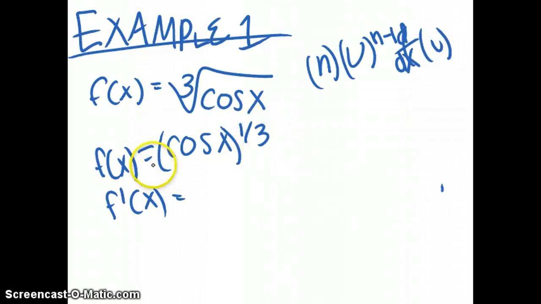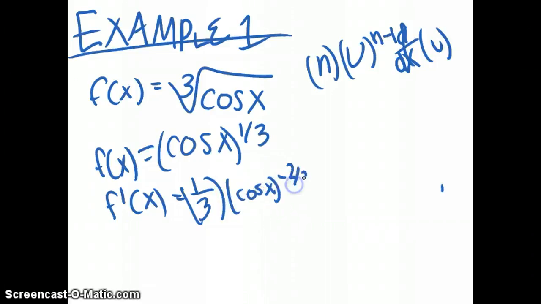So there you get the outside, keeping the inside the same. So f prime of x would be 1/3 multiplied times cosine of x to the negative 2/3 multiplied times the derivative of cosine of x, which is negative sine of x.